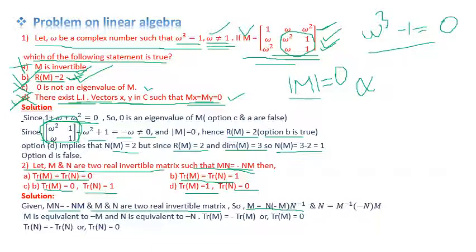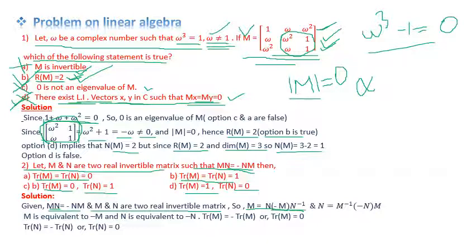Since N is invertible, N inverse exists, so multiplying both sides by N inverse from the right, we get MN N inverse, and N N inverse means the identity matrix. So the left hand side will be only M and the right hand side will be minus NM N inverse, since this is multiplying from the right.